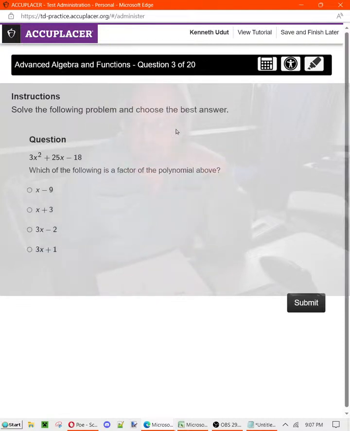I cannot reason my way out of this problem. Purely rote. It is a purely rote question.